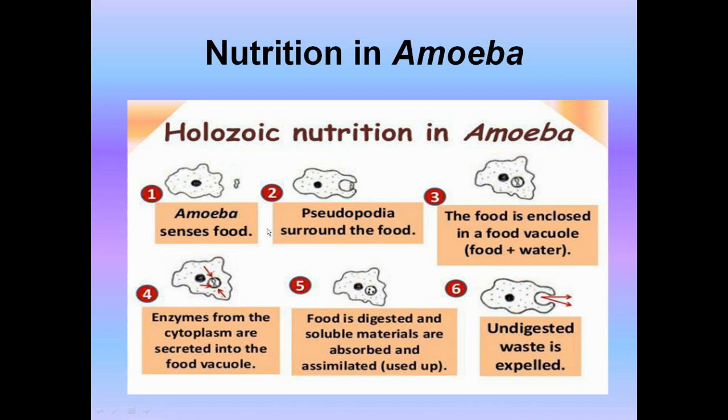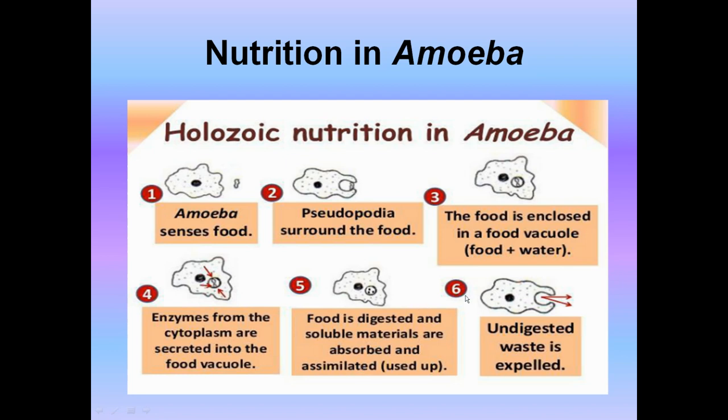So you can correlate with the previous discussion, that is various steps of holozoic nutrition. First and second step refers to the ingestion of the food. Third and fourth step refers to the digestion of the food. Fifth step refers to the absorption and assimilation of the food.